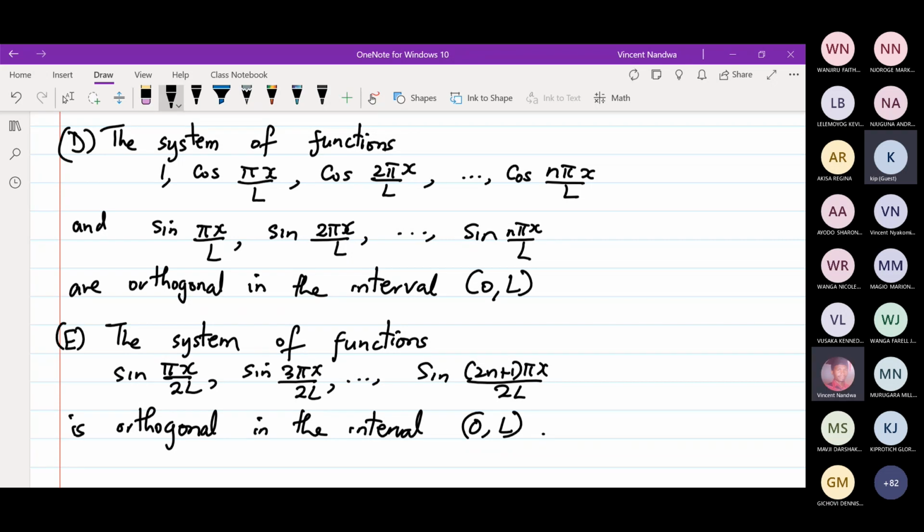So now let's define a Fourier series of a function f of x defined in the interval minus pi to pi.